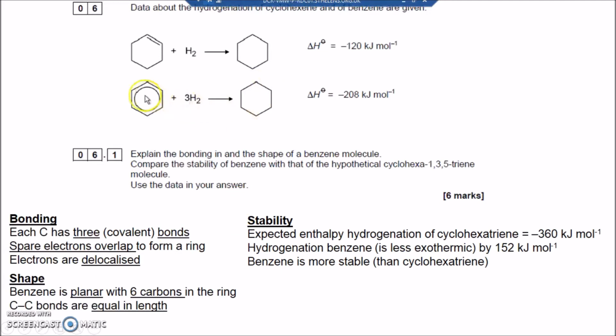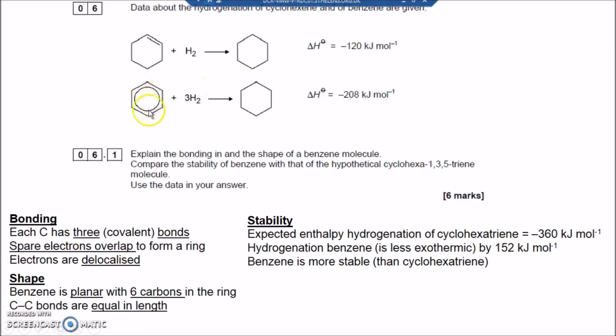So stability. Benzene is more stable than you'd expect. The expected enthalpy of hydrogenation, if it had 3 double bonds and 3 singles, would be minus 360, since adding 1 hydrogen molecule across a double bond releases minus 120.